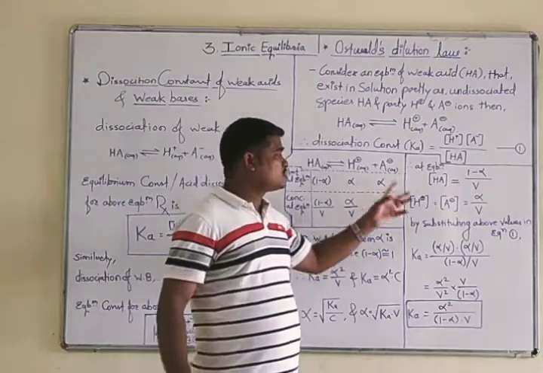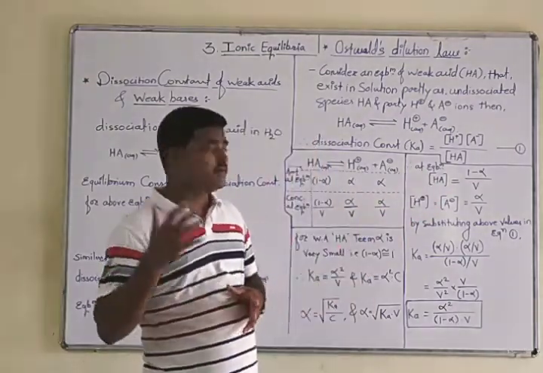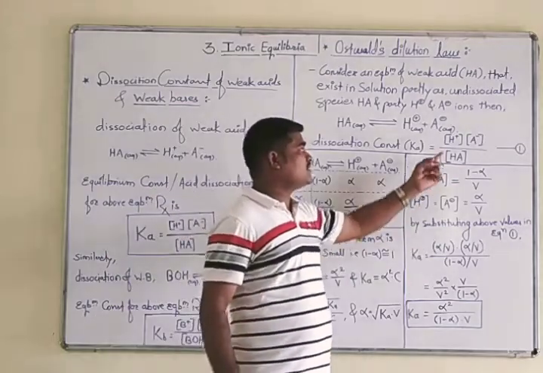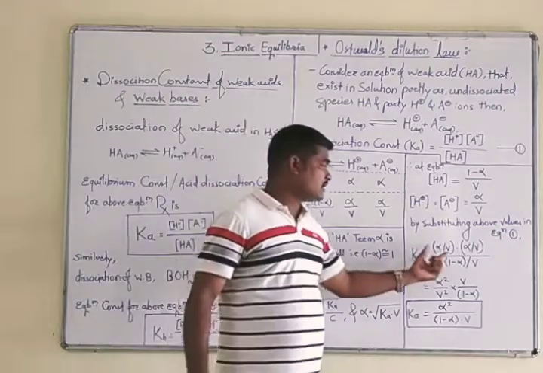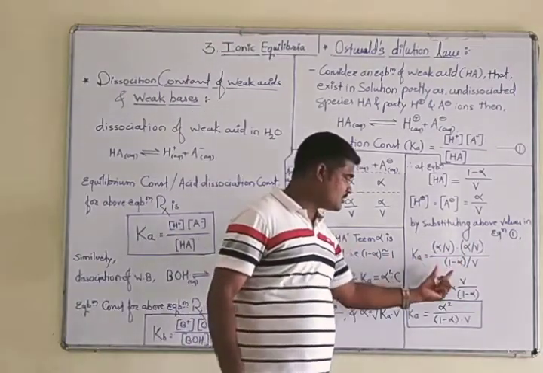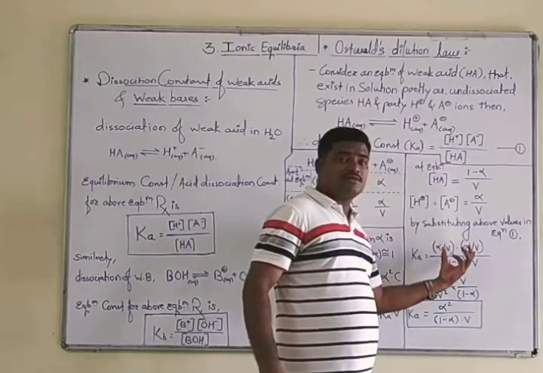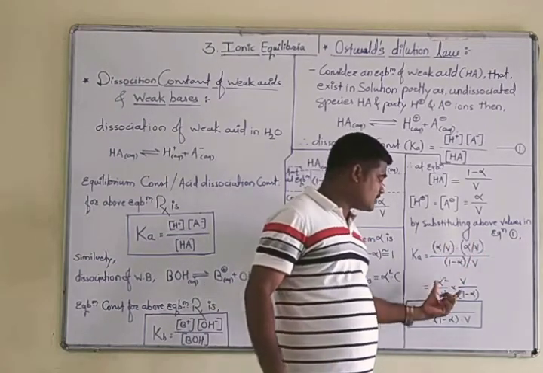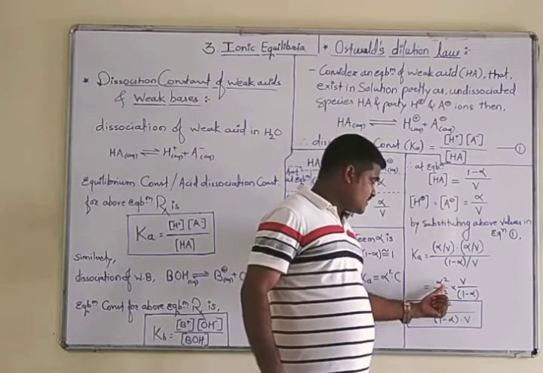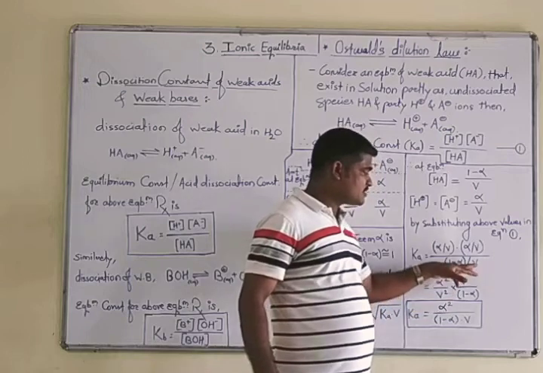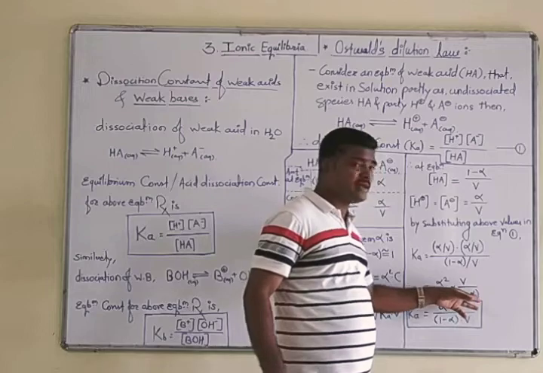Okay. So what I did, all these three concentration values I have substituted in this above equation number 1. So what you will get? You will get this value. Now here I solved this equation in a simplified manner. You can look at alpha square upon V square, and this denominator term I have reshuffled like this, V upon 1 minus alpha.